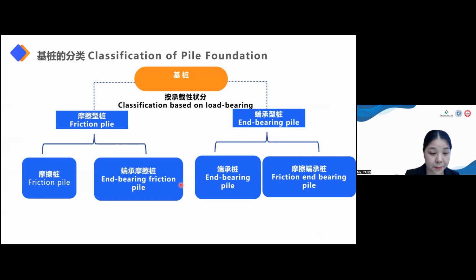The end bearing friction pile refers to the vertical load of pile top being mainly borne by pile side resistance under the ultimate bearing capacity.